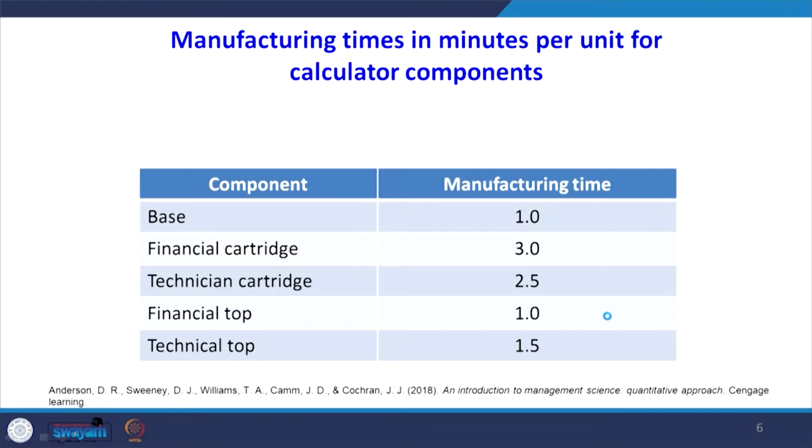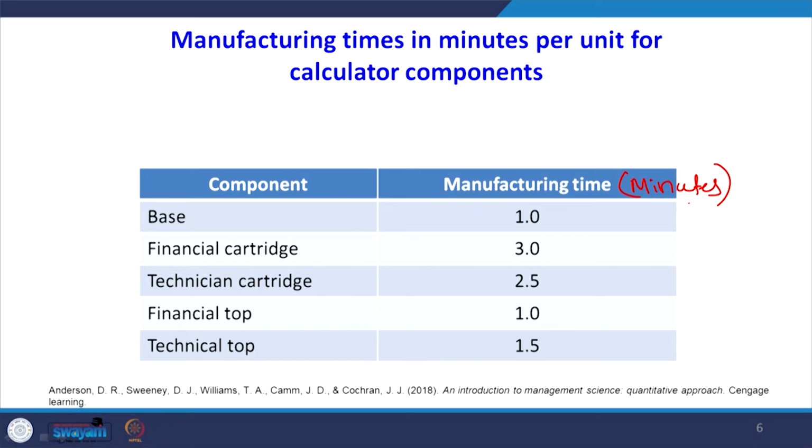This table shows the manufacturing time for each component, in minutes. Financial cartridge 3 minutes, technician cartridge 2.5 minutes, financial top 1 minute.